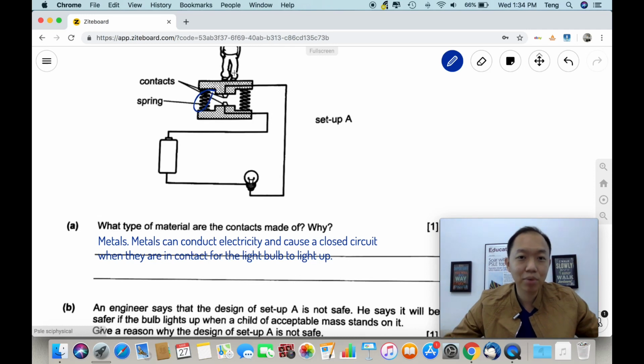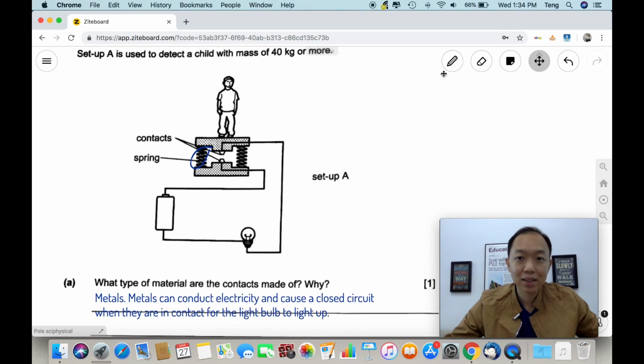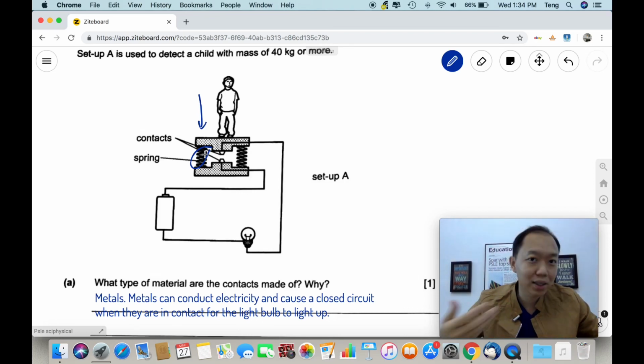Like for example, if the boy doesn't stand in the middle, he plays the fool like what all little boys like to do. Let's say he stands closer to this side, the spring over here gets compressed more at this side and then he topples and falls.